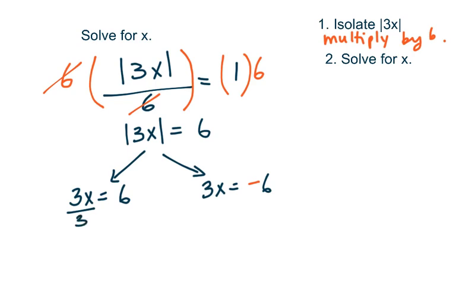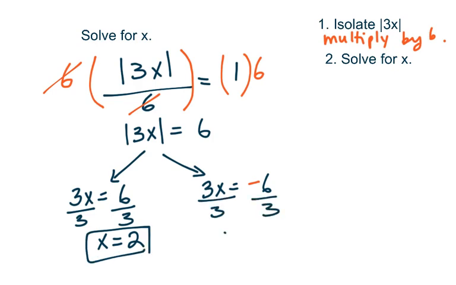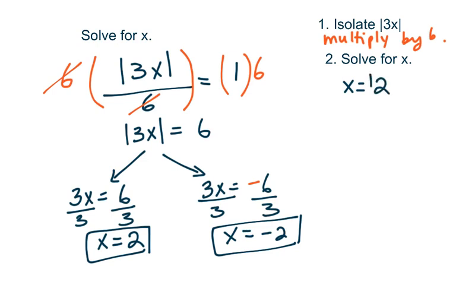So I'm going to divide both sides by 3, and I get x equals 2. And I'm going to divide both sides by 3, and I'm going to get x equals negative 2. So to solve for x, all I need to do is branch off, and I will get x equals plus or minus 2.